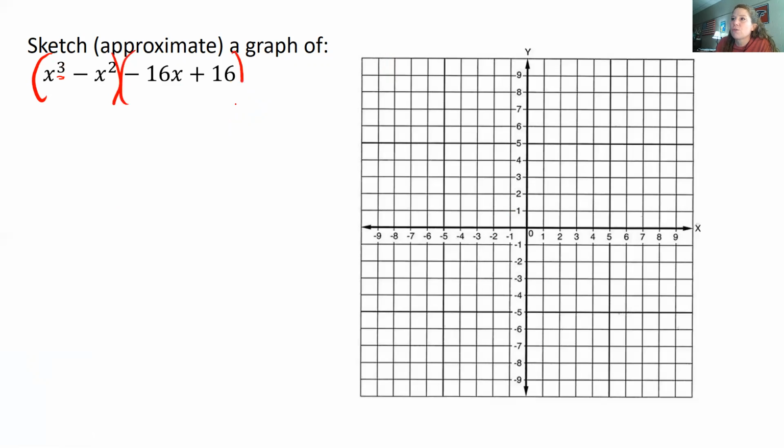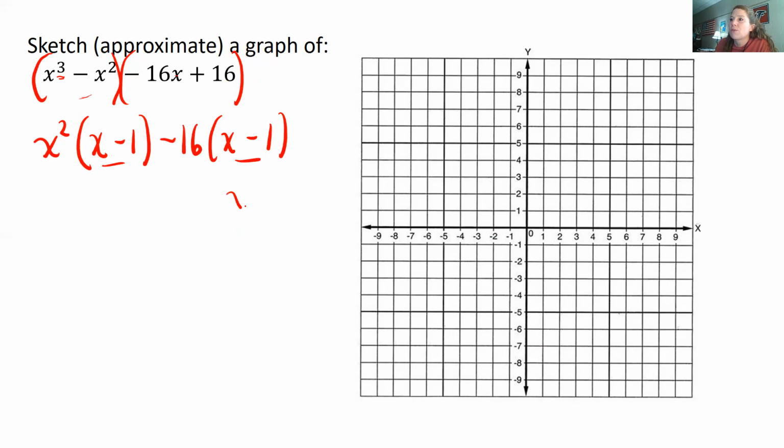We're going to group them, and then we're going to say, okay, well, these first 2 terms, they have an x squared in common, right? We can factor out an x squared. So x to the third divided by x to the second is x minus 1. And then from this group, we can factor out a negative 16. If we factored out a negative 16, now those 2 parentheses are going to match, right?